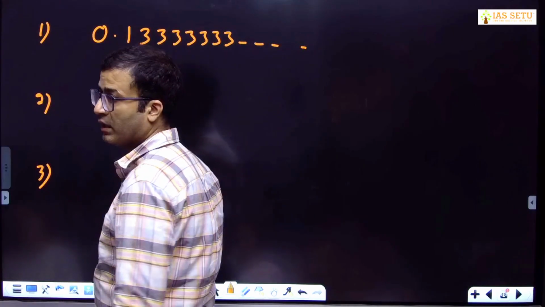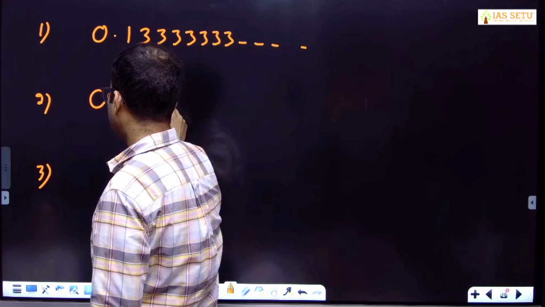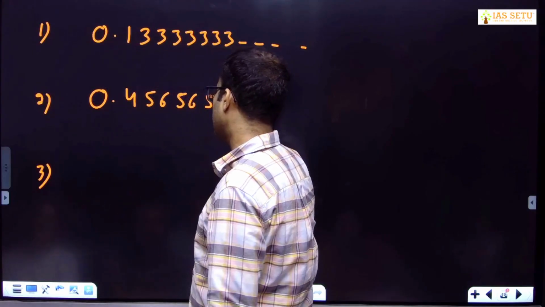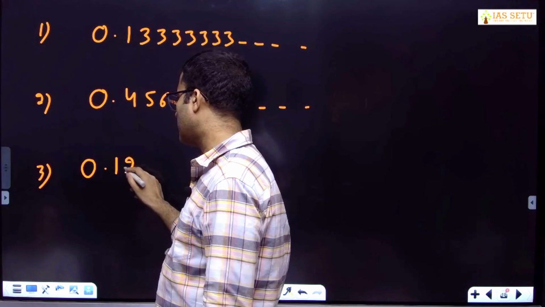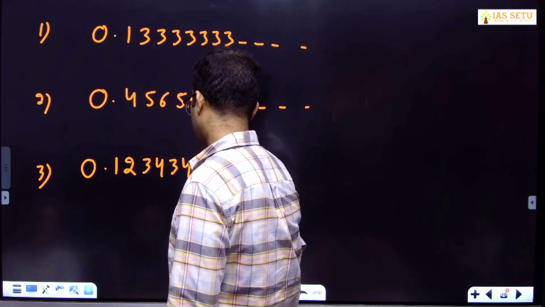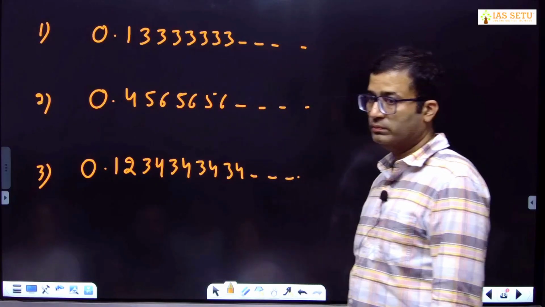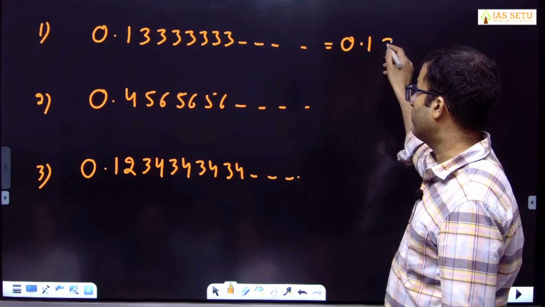0.1333333. 0.456565656. 0.12343434. First we express it as 0.1 bar on 3.